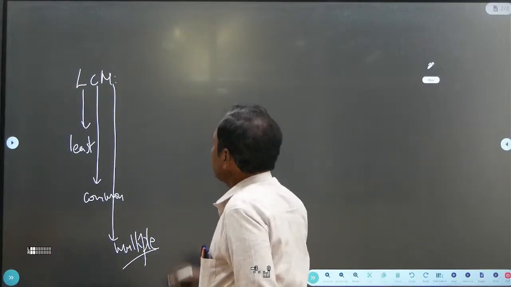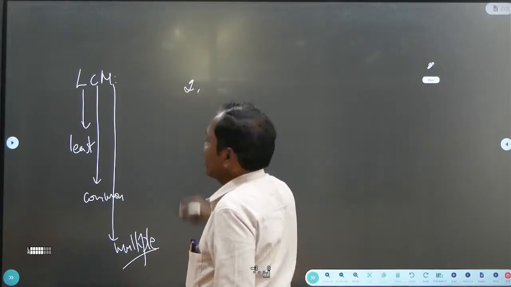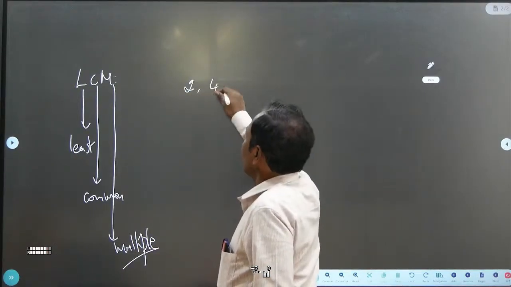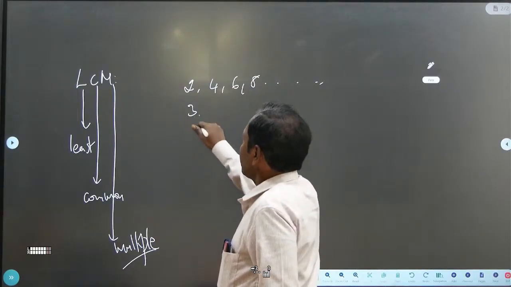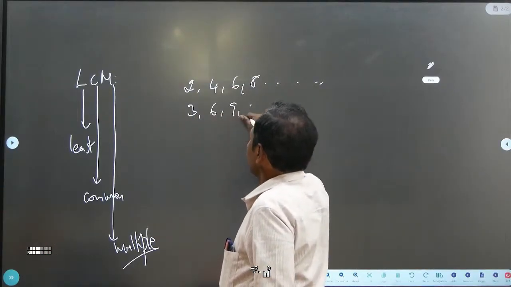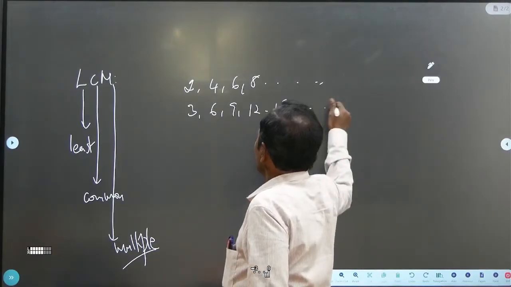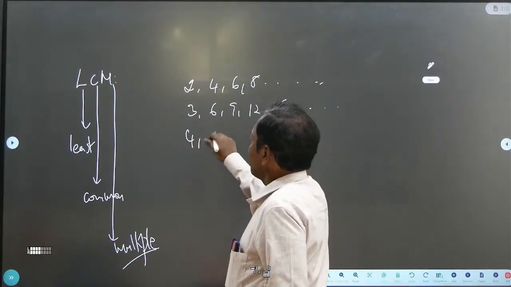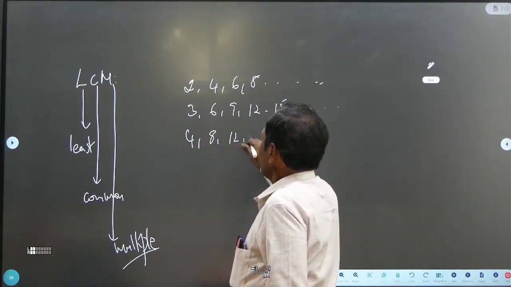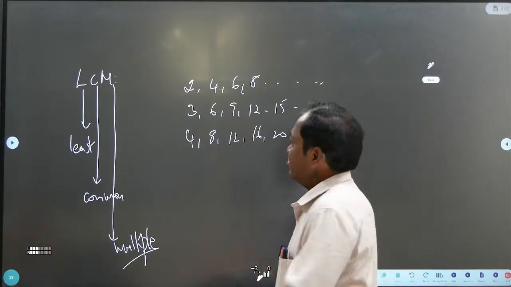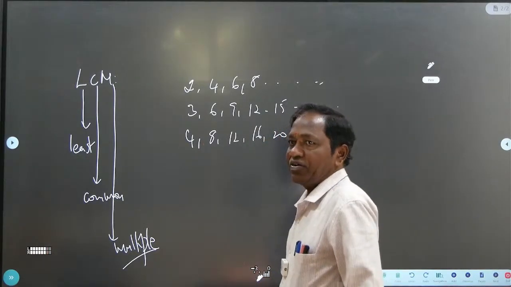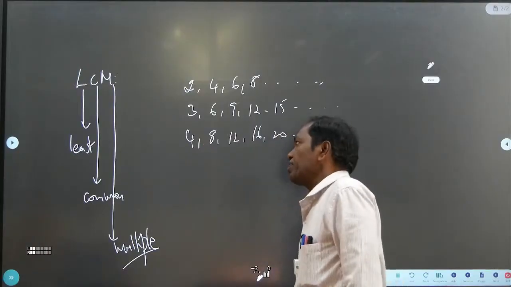Let us say multiples. Multiples of 2 is what? 2, 4, 6, 8, and so on. Multiples of 3: 6, 9, 12, and 15, and so on. Multiples of 4: 8, 12, 16, 20, and so on. Multiples is nothing but the table. Already we discussed in the previous classes also.